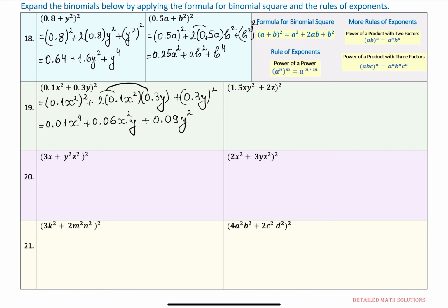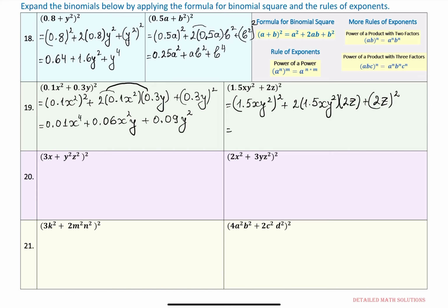Next exercise, (1.5xy² + 2z)². This equals (1.5xy²)² plus 2 times 1.5xy² multiplied by second term 2z plus second term (2z)².